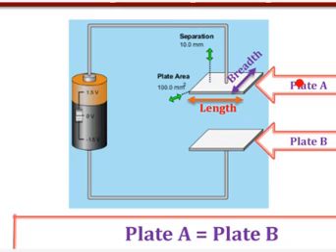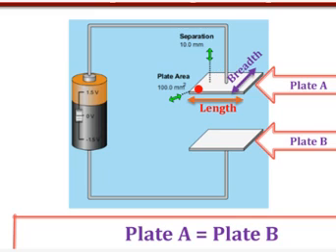As you can see on the screen, we have plate A and plate B. Plate A has a plate area of 100 millimeters square. This plate can be considered a square or rectangular plate, which has a length L and breadth B. So the area of this plate can be calculated using the popular formula for the area of a rectangle, which is length times breadth.